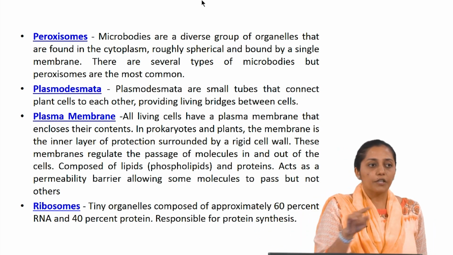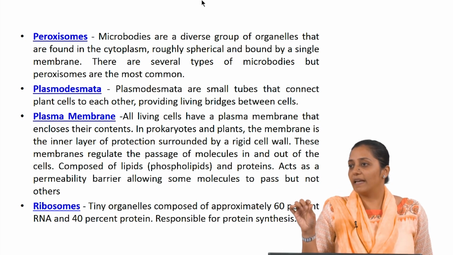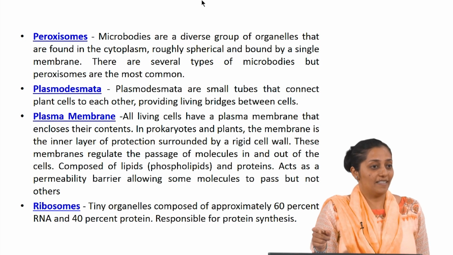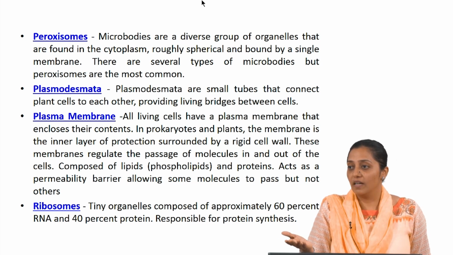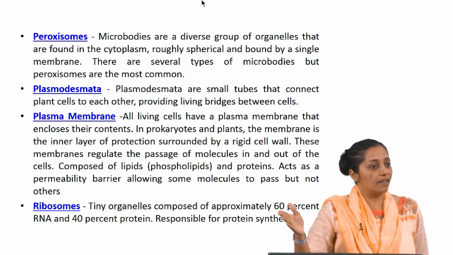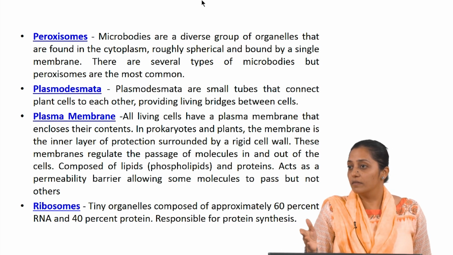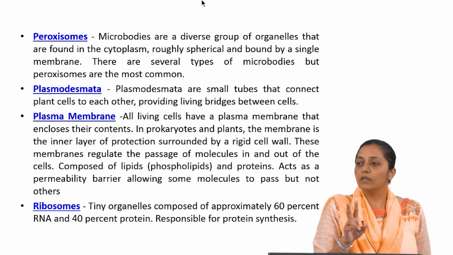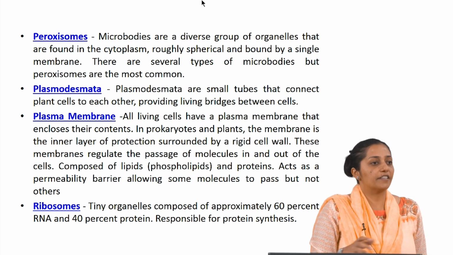This continuity is not just a simple gap, but a live bridge between the two plant cells. So there is a crosstalk in terms of the endoplasmic reticulum and, what else? Plasma membrane.